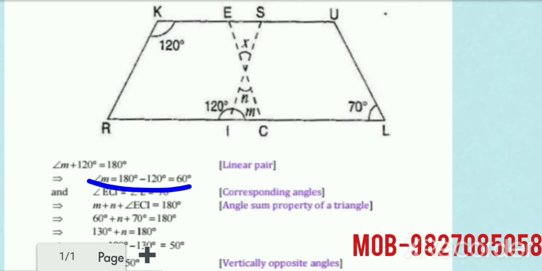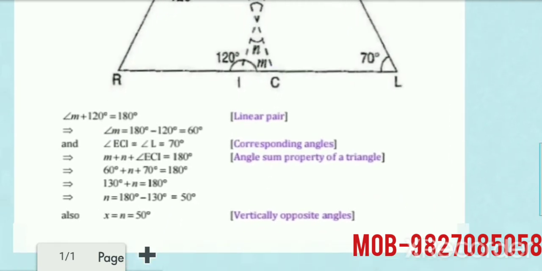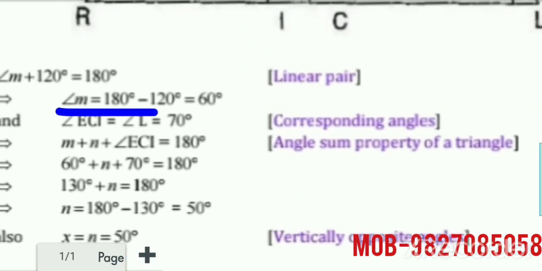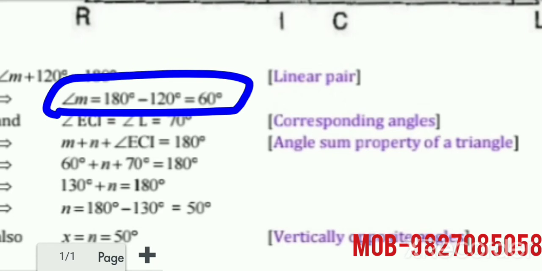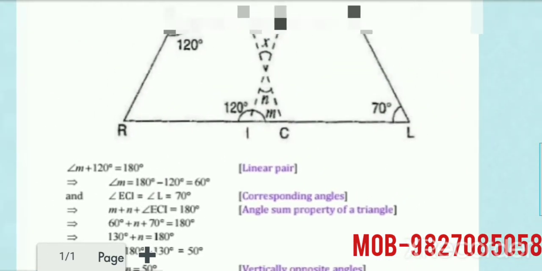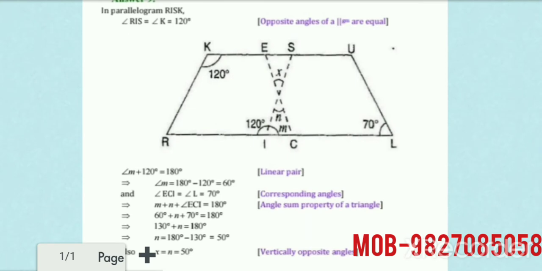Now we are solving. Here we got the value of M is equal to 60, and now angle ECI means this angle. So ECI is equal to angle L because they are corresponding angles.